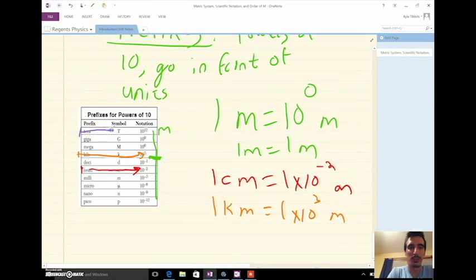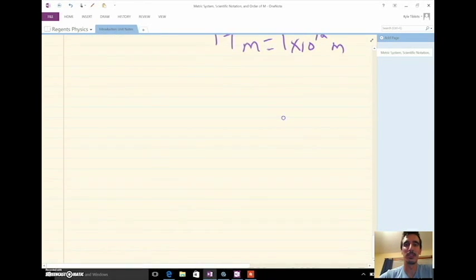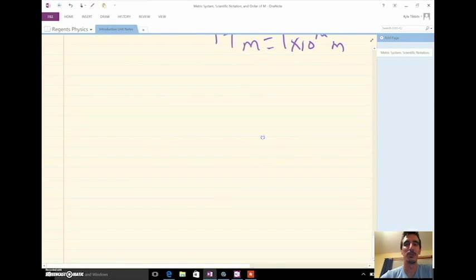Alright, good. Hopefully you just went all the way over and you saw 10 to the 12th, so 1 terameter is equal to 1 times 10 to the 12th meters. So that's powers of 10. That's how us scientists are lazy. We're going to look at scientific notation in a few minutes.